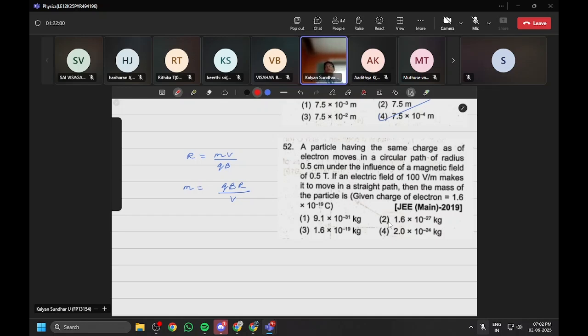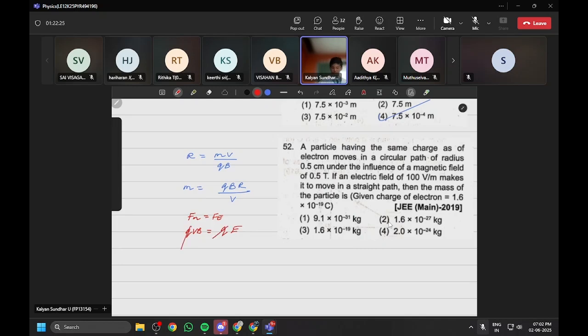When the force applied by the electric field is equal to the force applied by the magnetic field. Only if these two cancel will it be so. So force due to magnetic field is equal to force due to electrostatic: qvB will be equal to qE. Correct? What will get cancelled?